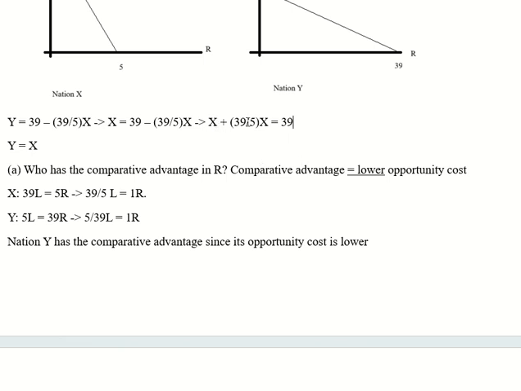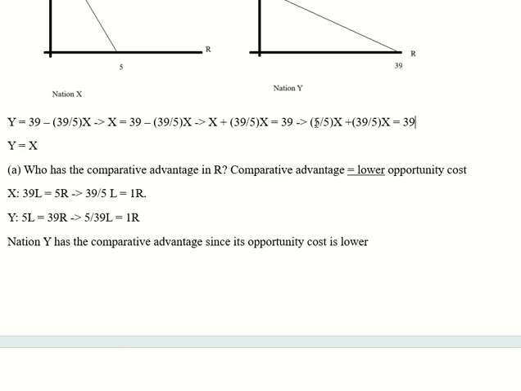Now we got to combine these two terms. When you're trying to combine terms, you have to get a common denominator. So we rewrite X as being 5 over 5X. So now they have the same denominator. We can combine them.